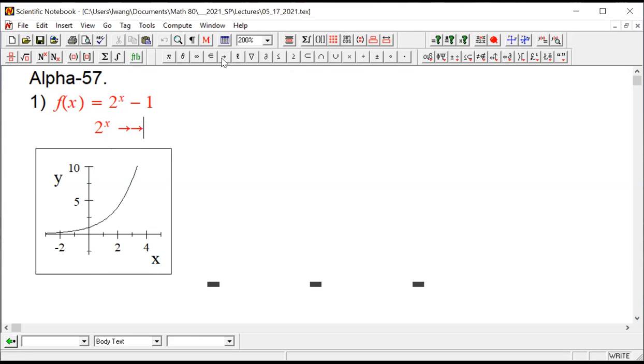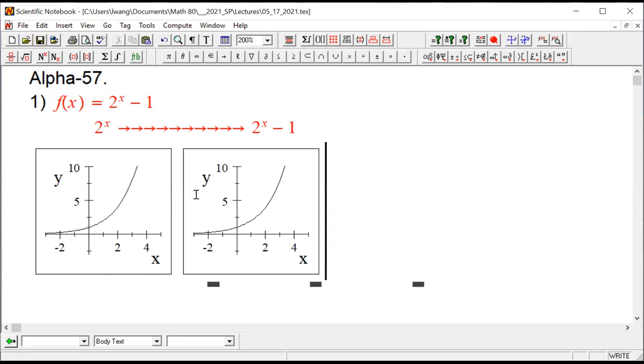How do we get from 2 to the power x to 2 to the power x minus 1? How do we shift it? Do we shift it left or right, or up or down, or flip?